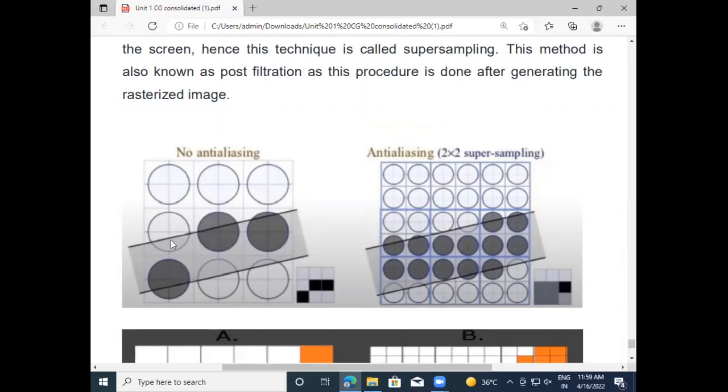Instead of focusing only on the center, what was the case previously? If we are not using anti-aliasing, this will look like this: here you just see the intensity in 3 pixels, but we could not see more intensity. So what we are trying to do is divide these parts.